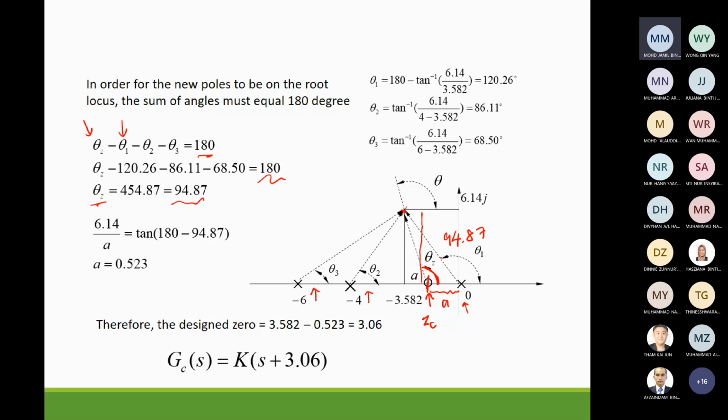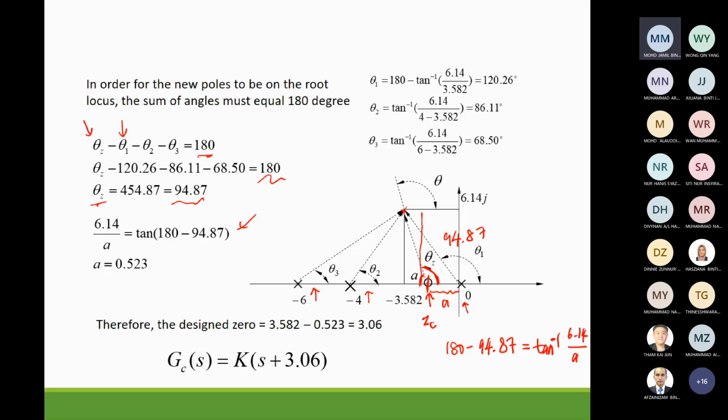We know that θZ is 94.87. So 180 minus 94.87 equals this angle, which is tangent inverse of 6.144 over A. To get A, use this calculation.